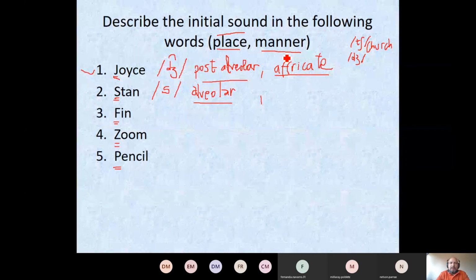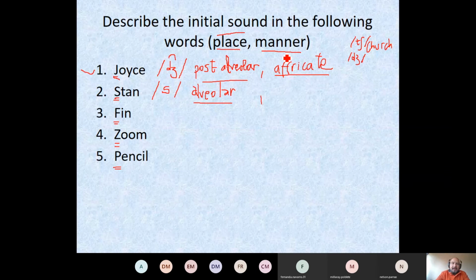If it's not a plosive or a stop, is there any friction when you're producing the sound s? Any obstruction? Are the teeth or tongue partially blocking the air? Exactly.